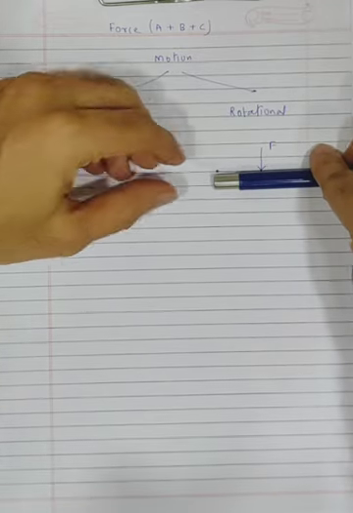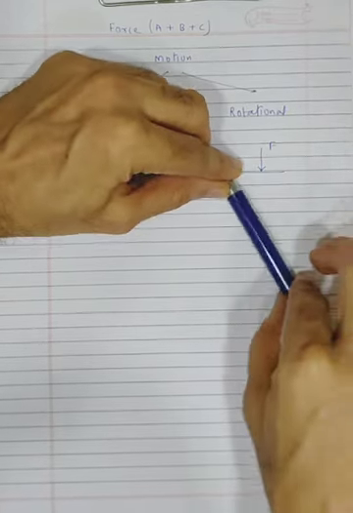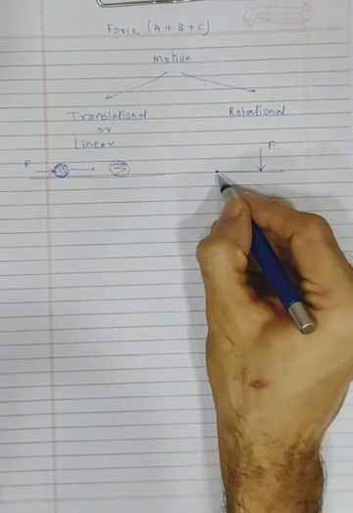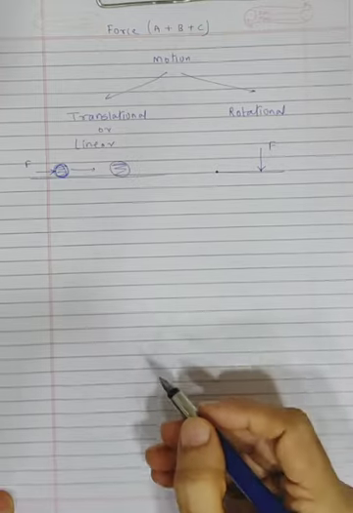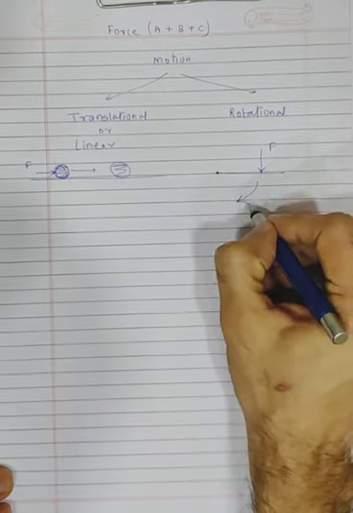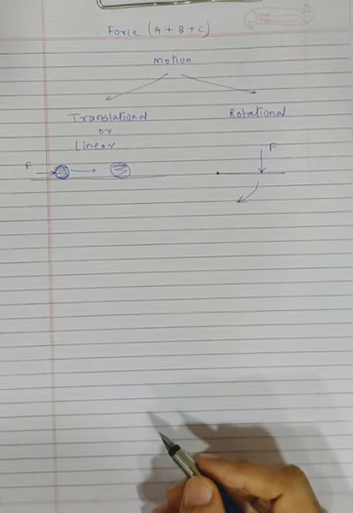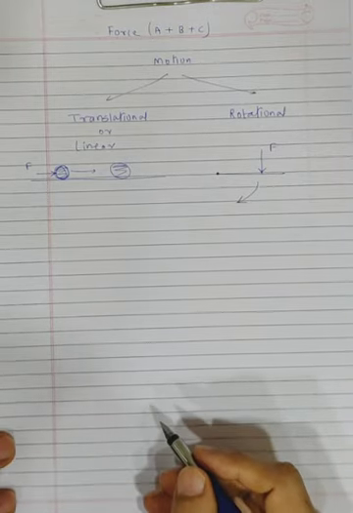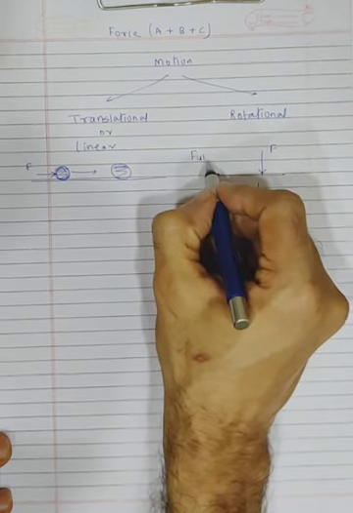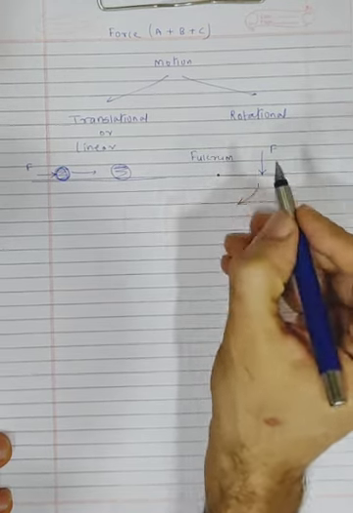What will happen to it? It will start rotating or spinning about its axis. Correct? So this point is called the point of axis of rotation, and the door or the object starts rotating about this axis. So then it is called what? Rotational motion.